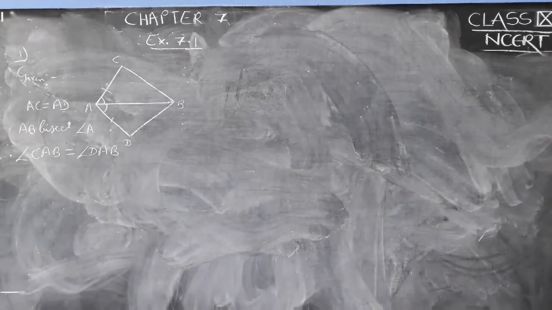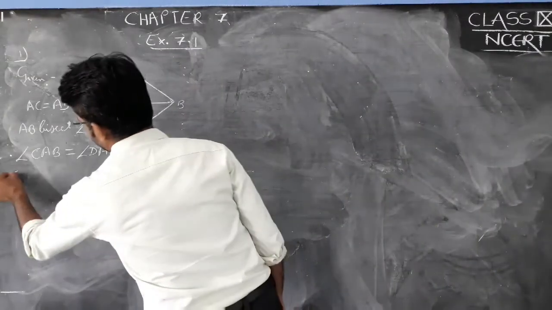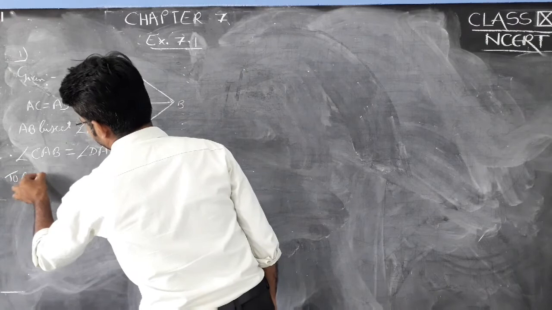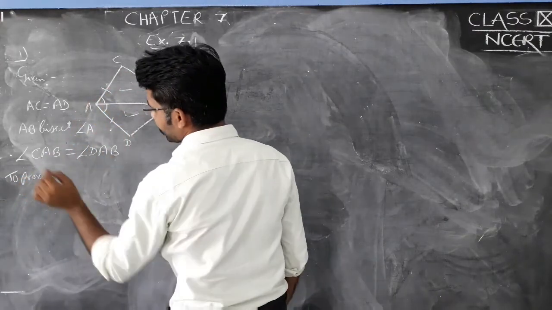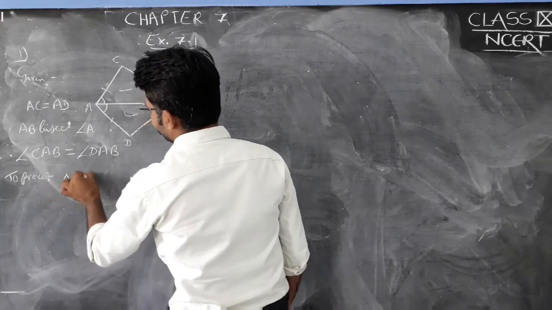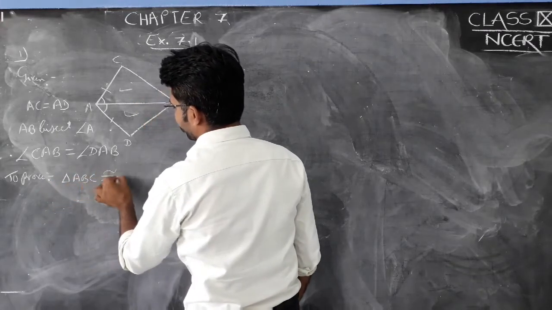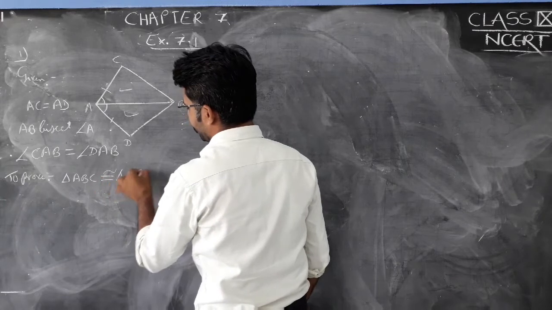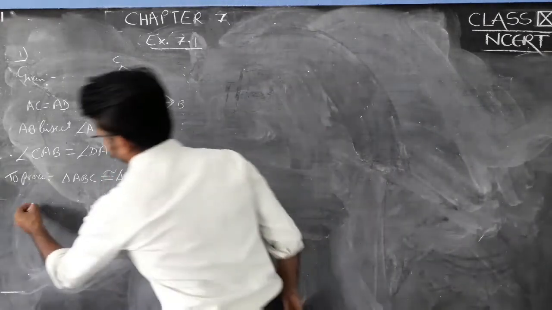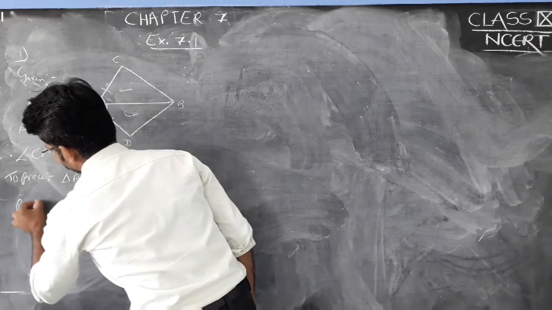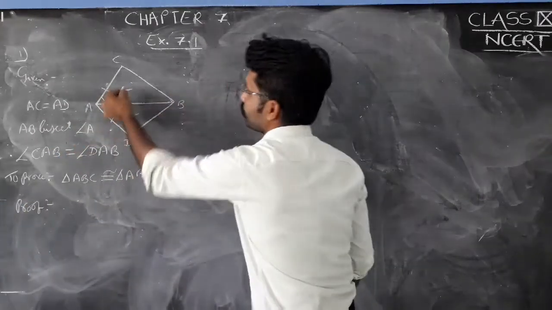Okay. So first we have to prove triangle ABC and ABD, these two triangles, congruent. Triangle ABC is congruent to triangle ABD. This thing we have to prove. Okay, first we have two triangles.